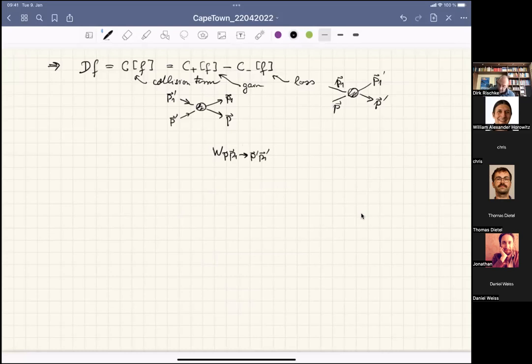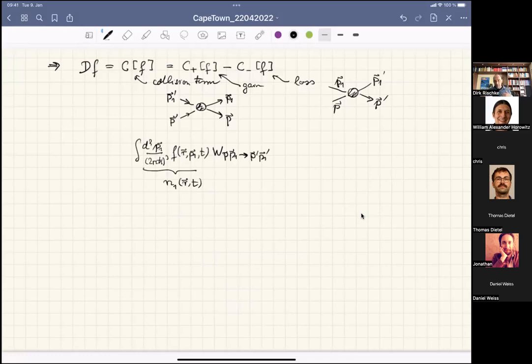The collision partners have momentum P1. So I write the density as the integral over d3P1 over (2 pi h bar) cubed times f of r, P1, and t. Everything happens at r. It's localized. So this is basically n1 of r and t, the density of collision partners.